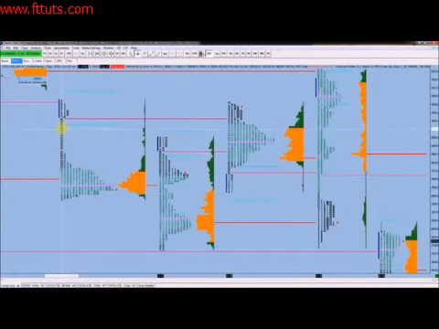An initial balance failure could happen, and we could go back to the upside. So one of the other days that we're going to come to, a neutral day, where we're forever breaking either side of the initial balance and the initial balance ends up in the middle. At this point of day, we're not going to know this.